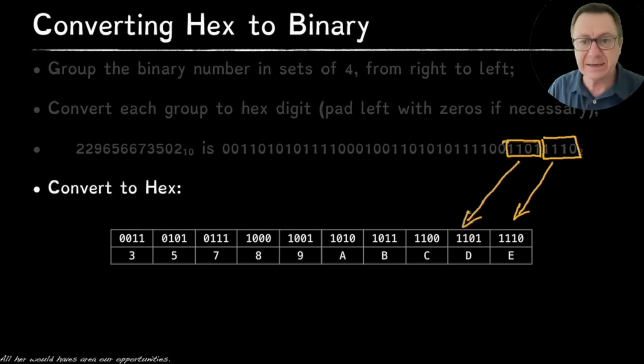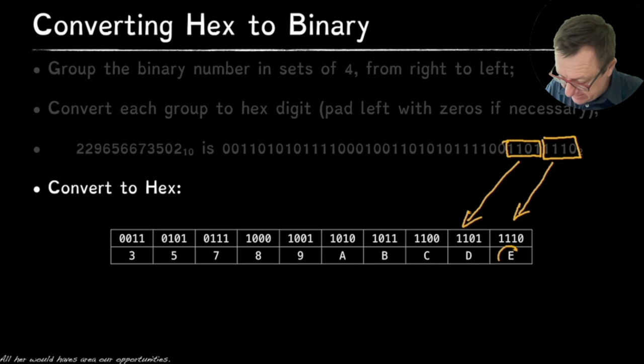Now, if we came down to the furthest left and we don't have enough digits, then we pad with zeros, and we put those all the way across. And 1110 is E. 1101 is D. So this was the way we converted hex to binary.